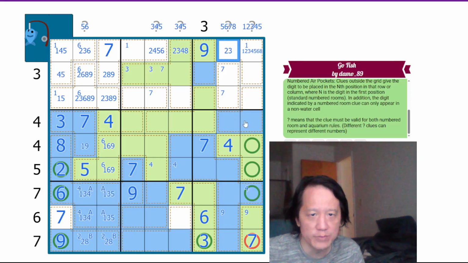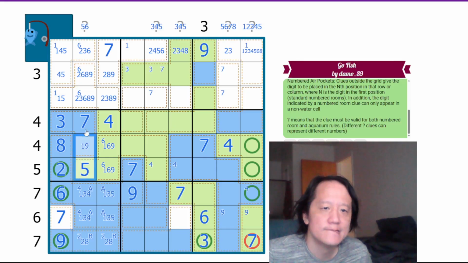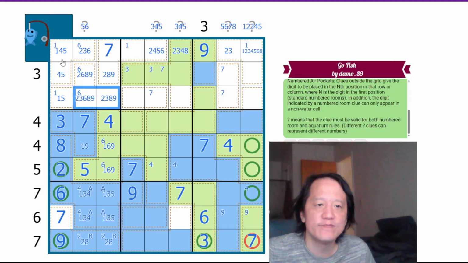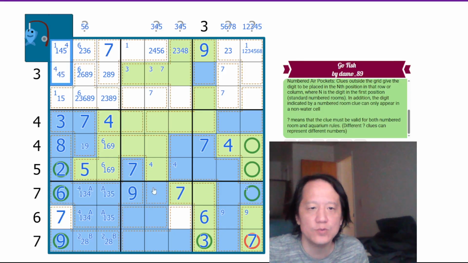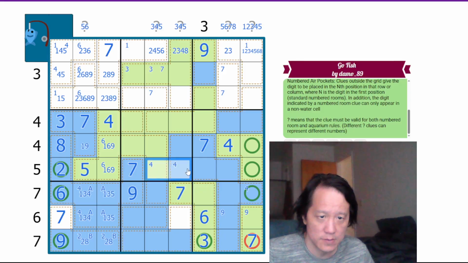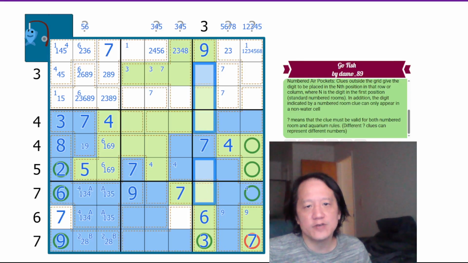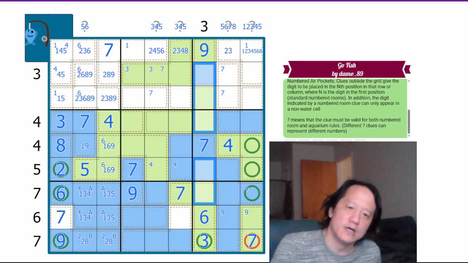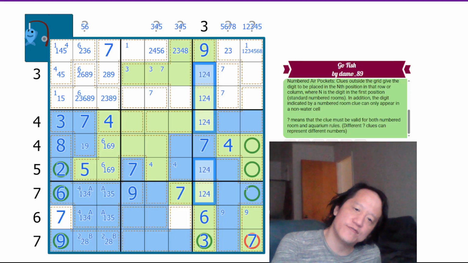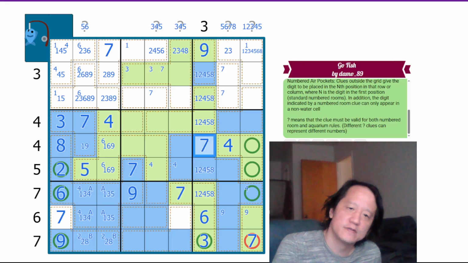So this can no longer be 5, it's 2 or 3. 4 has to be one of these two. Remaining digits of column 7, we have 1, 2, 4, 5, and 8.